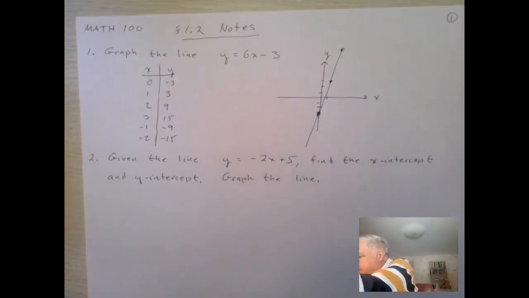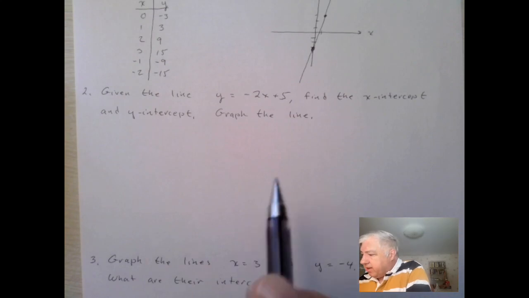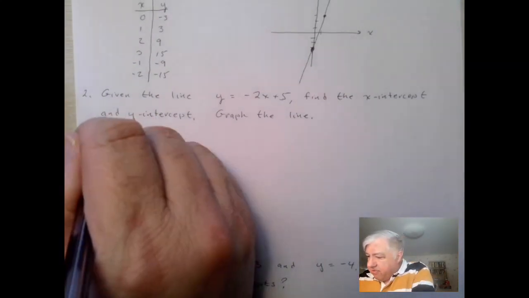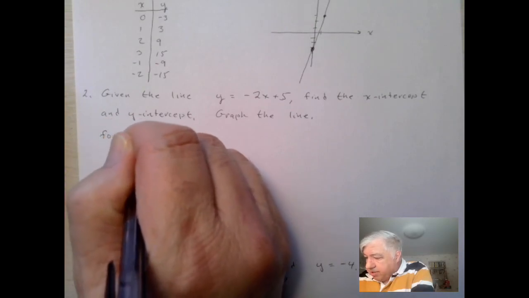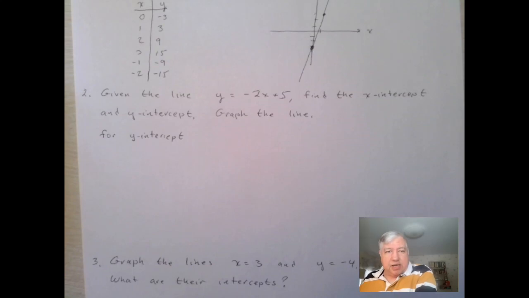Next one, let's say we wanted to find the x and y intercept of the line given by y equals -2x plus 5. Okay, well, let's remember how to do that. Let's do the y-intercept first because that's easier.